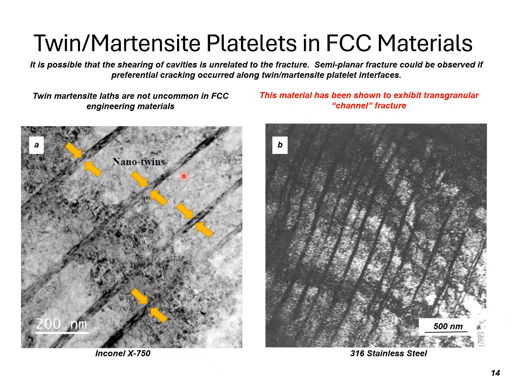Here they were identified as nanotwins, but I'm not sure that there was a lot of detailed examination to prove that they were nanotwins. Maybe there was. Irrespective, even a martensite shear or a twin shear, it's the same effect, and what you end up with is a boundary along which the material can fail.